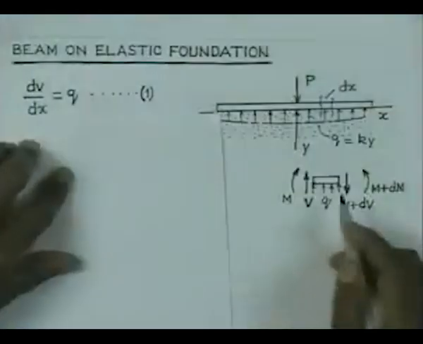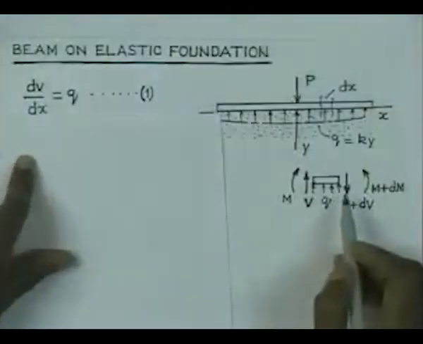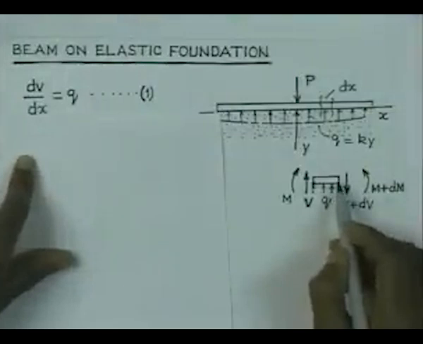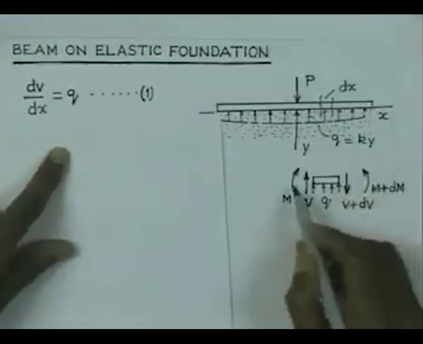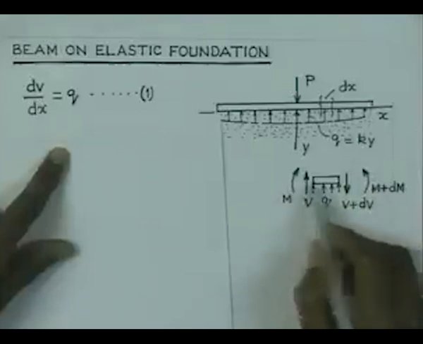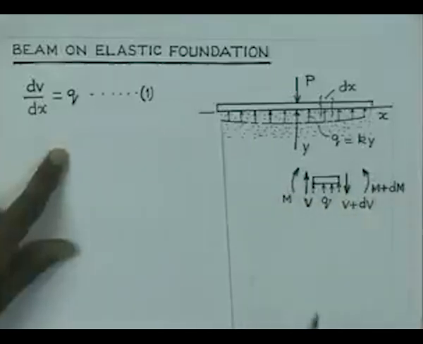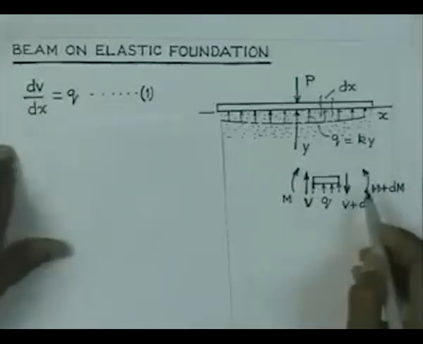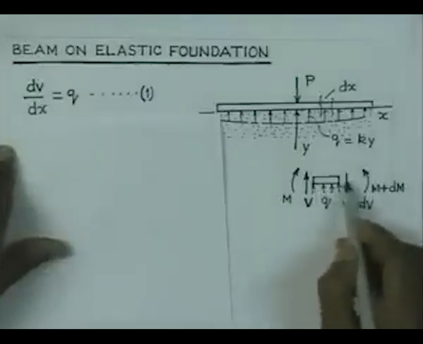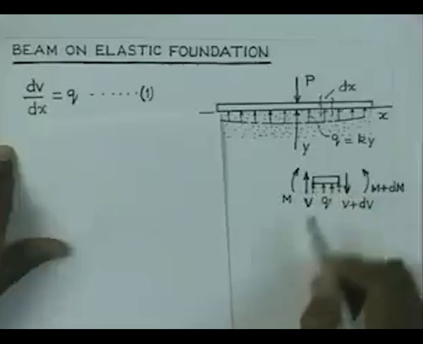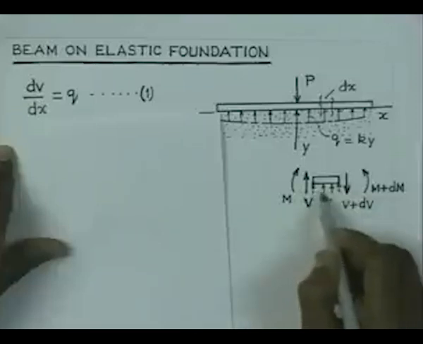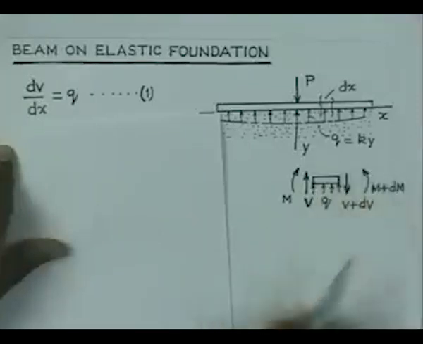Similarly, if we consider the moment equilibrium, let us say that anti-clockwise moment is positive, then this will be acting clockwise. So, the differential moment is dM. That dM is now balanced by, if I consider moment about this point, V into dx and then q into dx by 2, they are acting in the same direction.